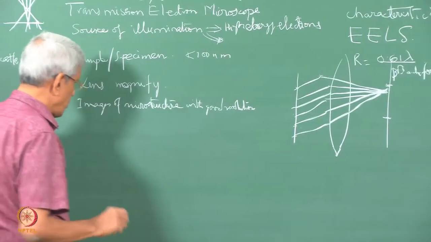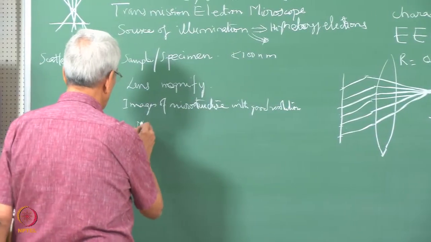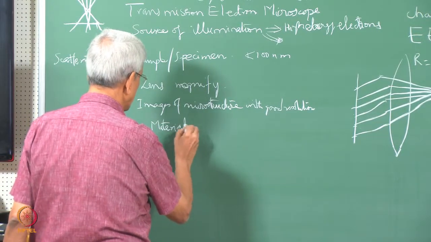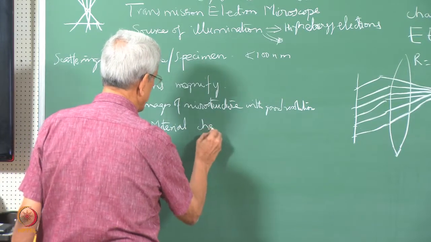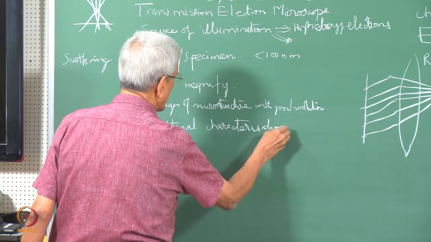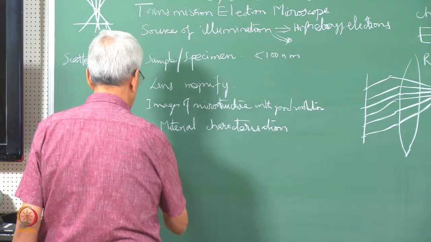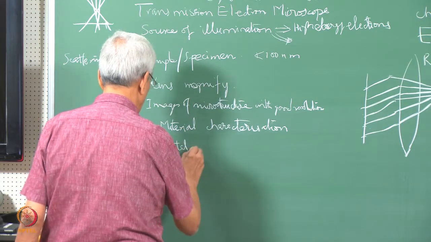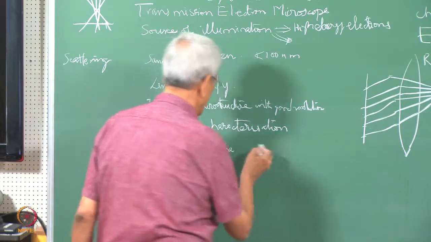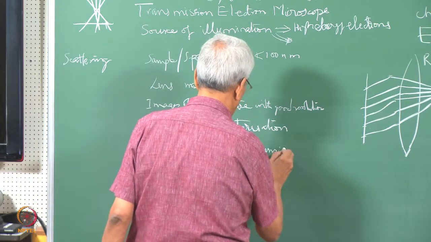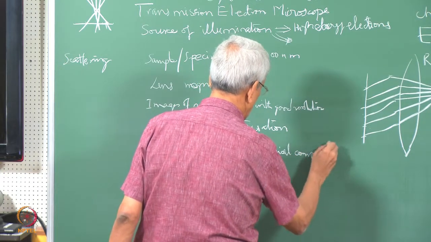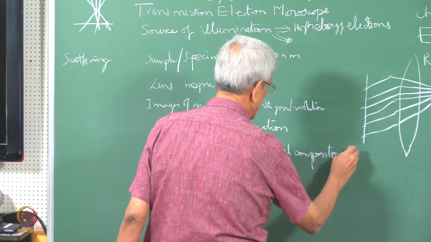As we started this course, we mentioned that when we want to characterize a material, and when we say that material characterization is complete, the information required about the sample is crystal structure, then chemical composition, then microstructure.